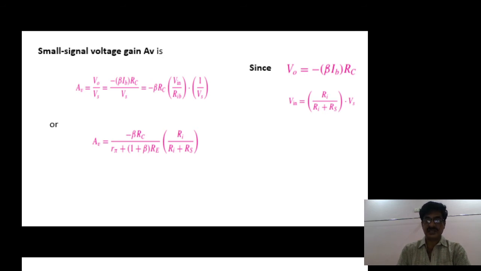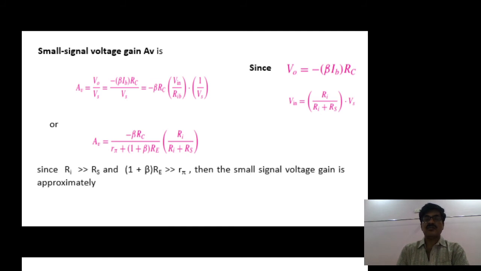In the biasing circuits itself, we have seen the merits of including the Re resistor. Now let us see a problem with reference to this analysis. If you see this equation, usually the input resistance is very high.